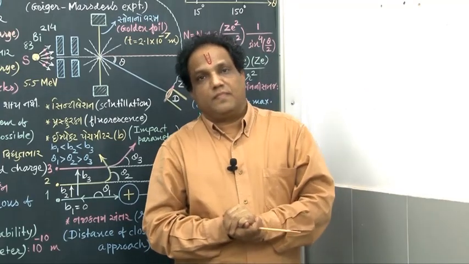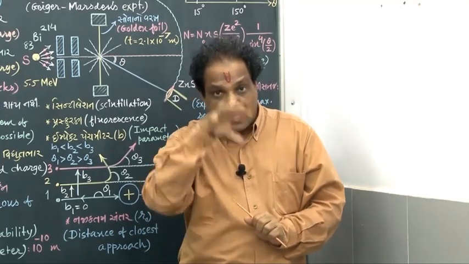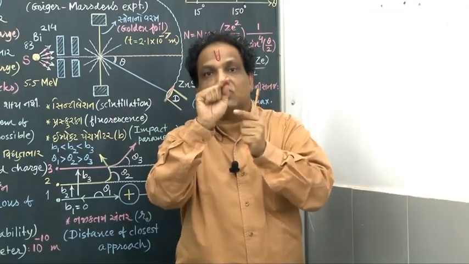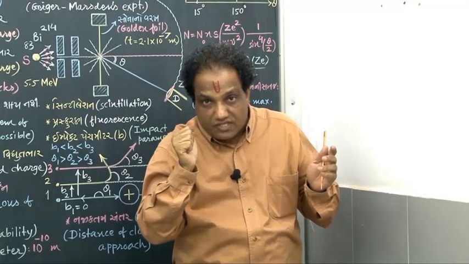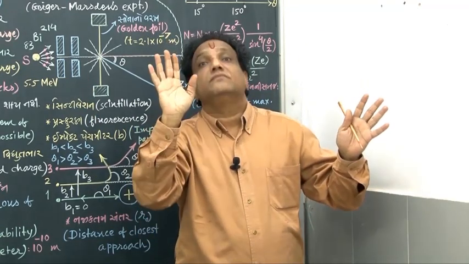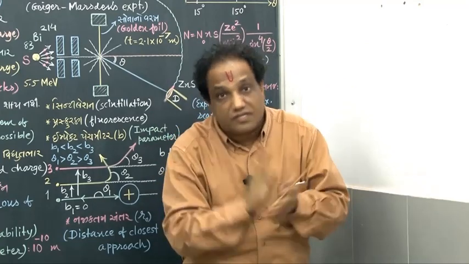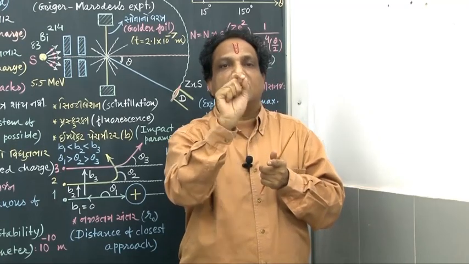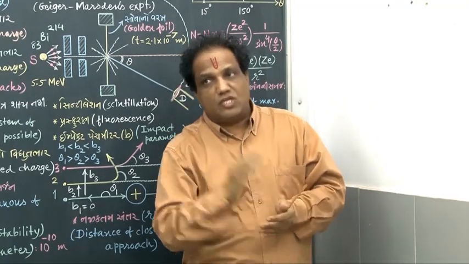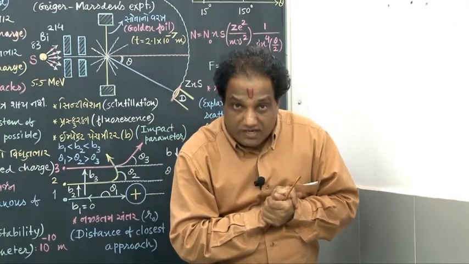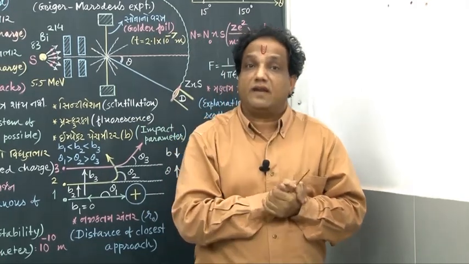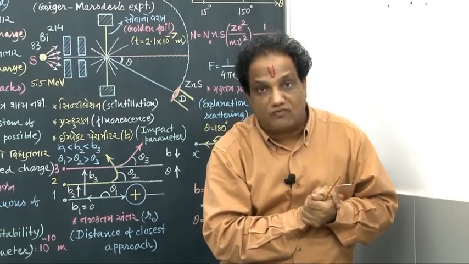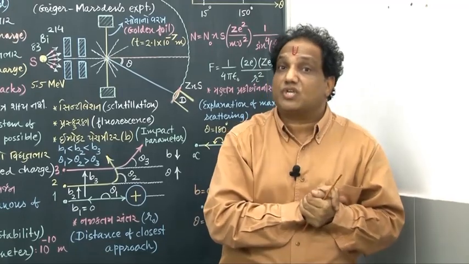What does it mean? Earlier, when air was present inside the chamber, alpha particles collided with atoms of air, and after a collision they got deviated in all directions. This process of deviation after collision is known as scattering. So, earlier the alpha particles were getting scattered by colliding with air atoms and molecules, and that's why the edges of the impression obtained on the photographic plate were not very sharp.